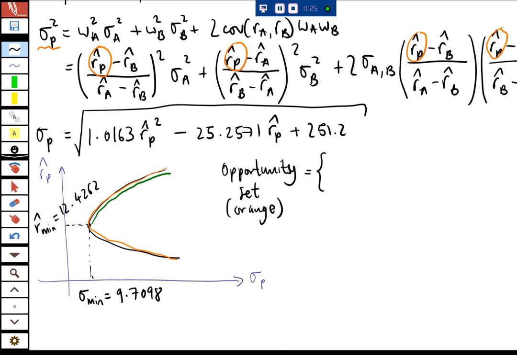Well, we have all the points such that, well, we have an explicit form of the graph, so such that this form holds.